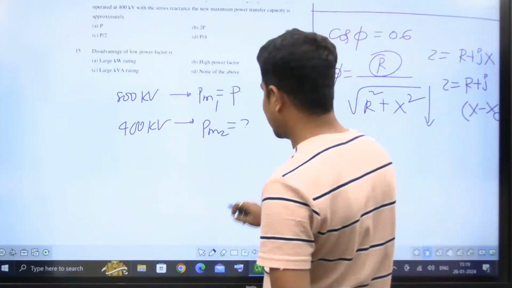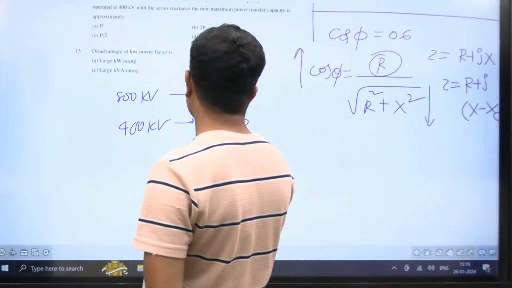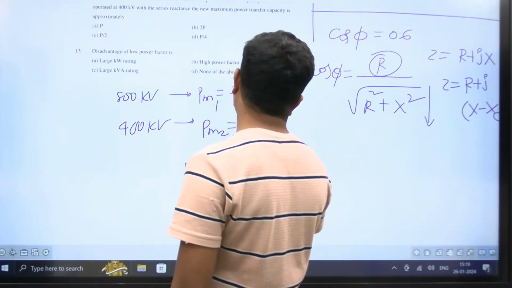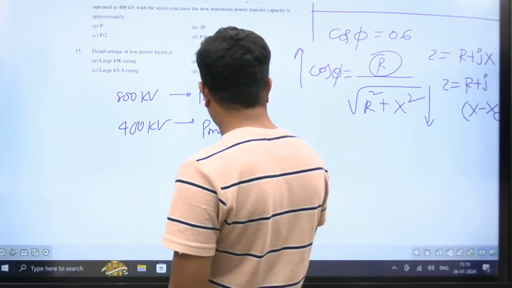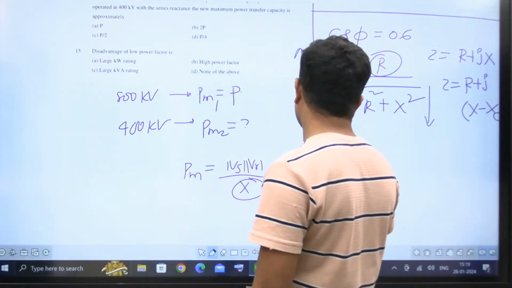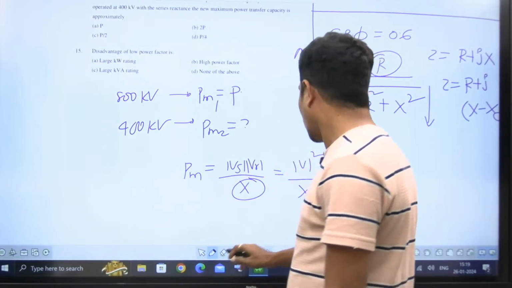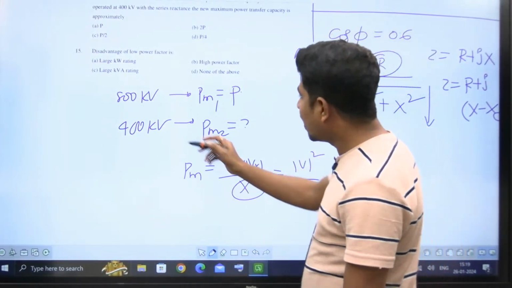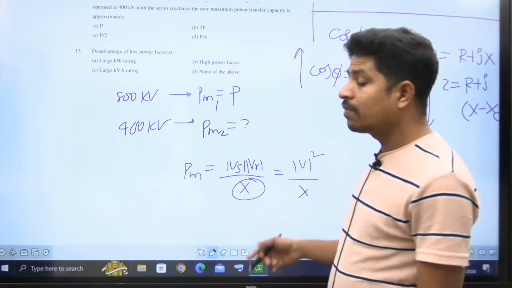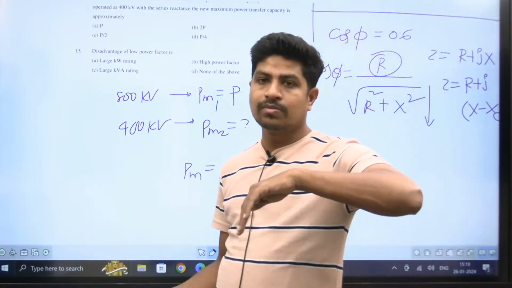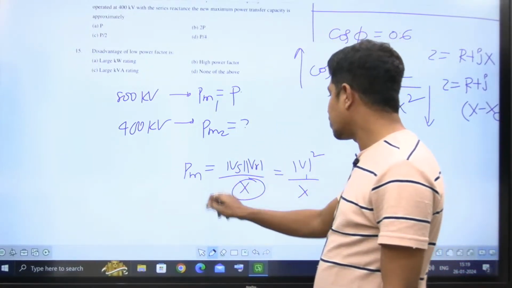Let's discuss that. Pmax is equal to mod Vs mod Vr by X. X is the same. Let's take Vs equal to Vr, then it is V square by X. Now you see here V is halved, so V square will be reduced to 1 by 4. See, here this is V1, this is Pmax1.